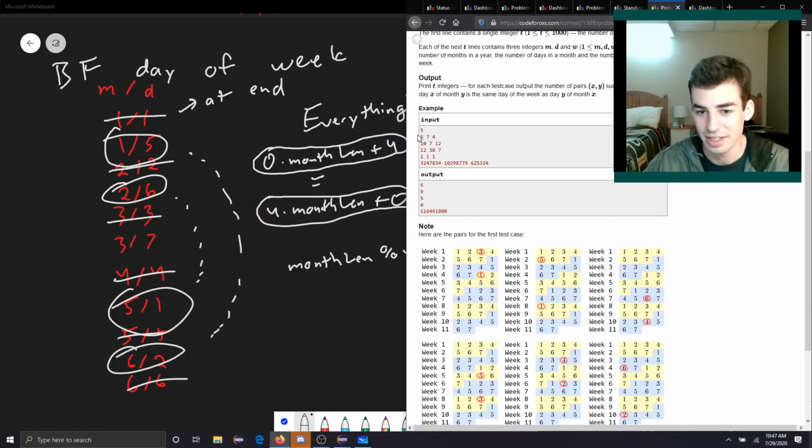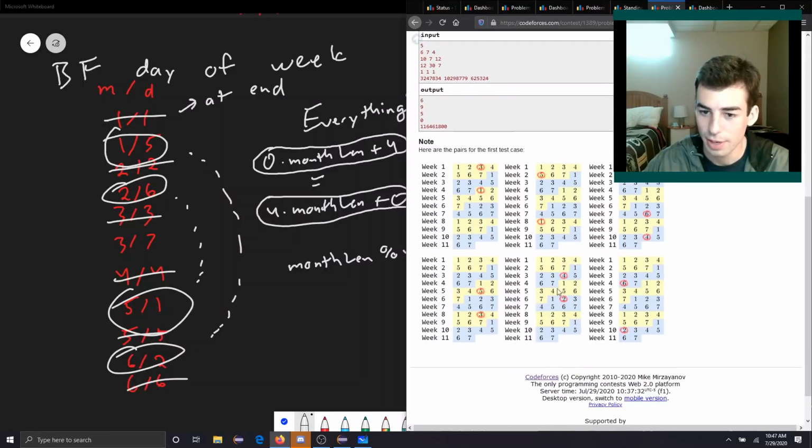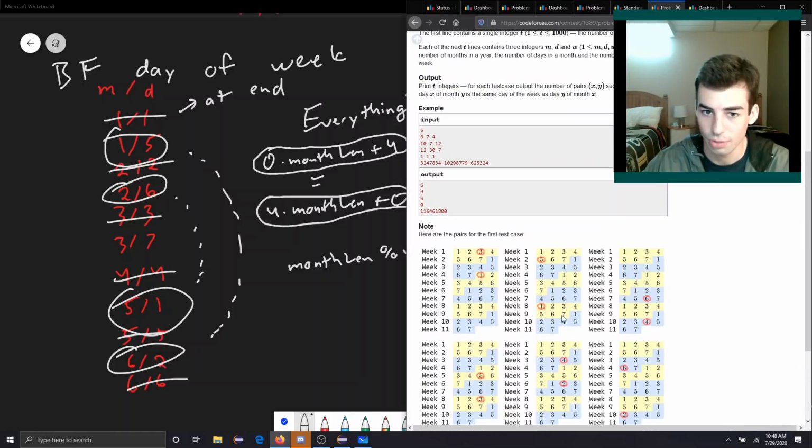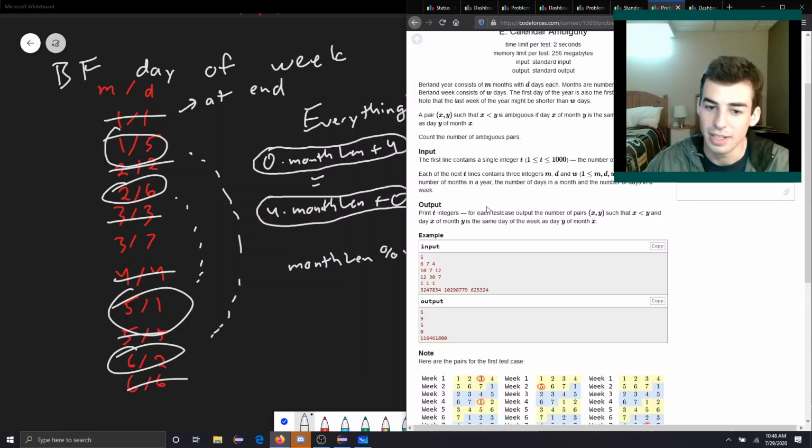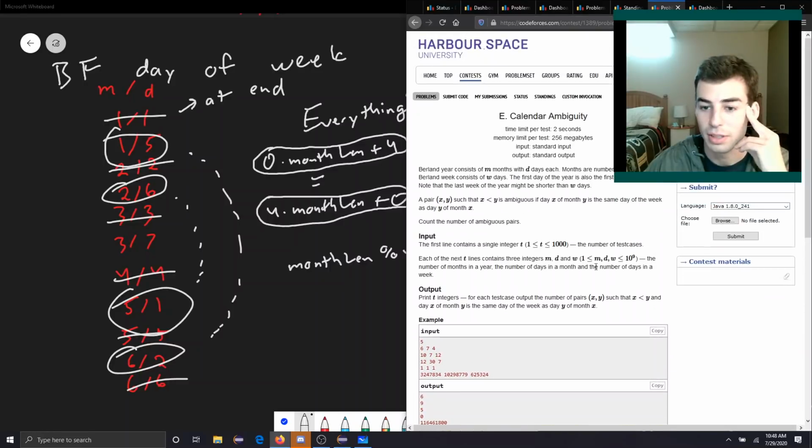Feels like some nonsense because the number of pair things occurs in 2 different days of the week. And if we take the GCD of these, that's 2. So that could be where the 2 comes from. What would that mean? M is the number of months in a year.